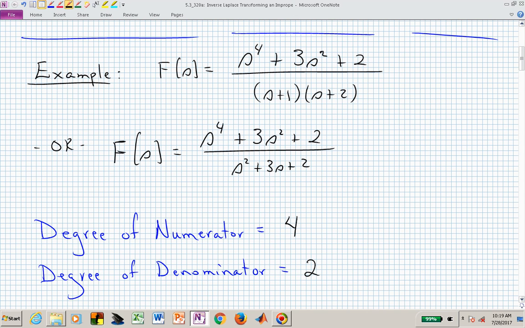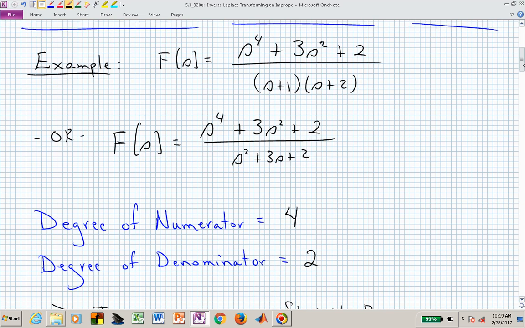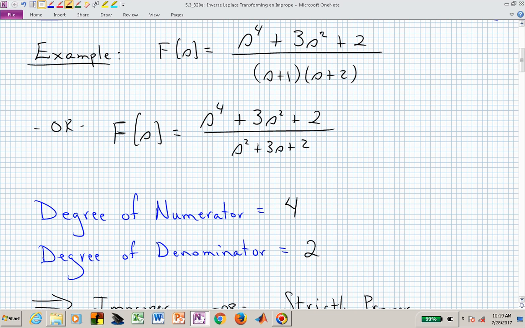It's clear that 4 is bigger than 2, so we have an improper transform. Prior to doing a partial fraction expansion, we need to divide the denominator into the numerator to end up with a remainder that has an order strictly less than 2, the order of the denominator.